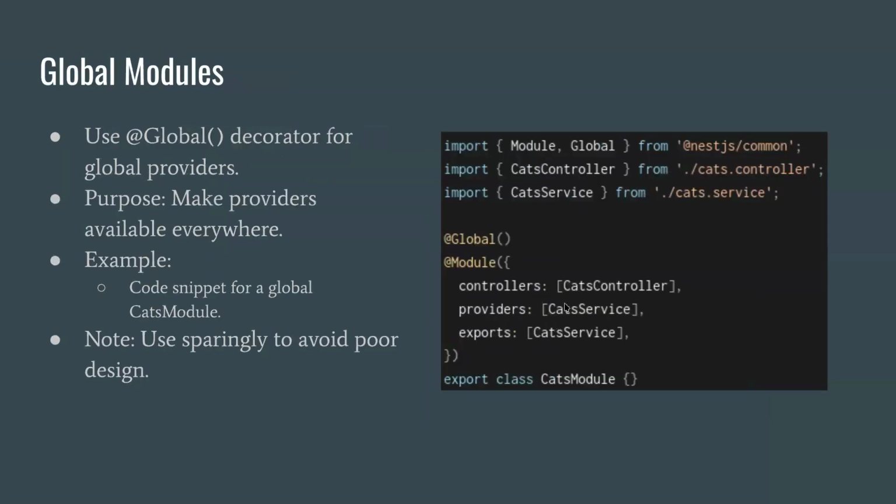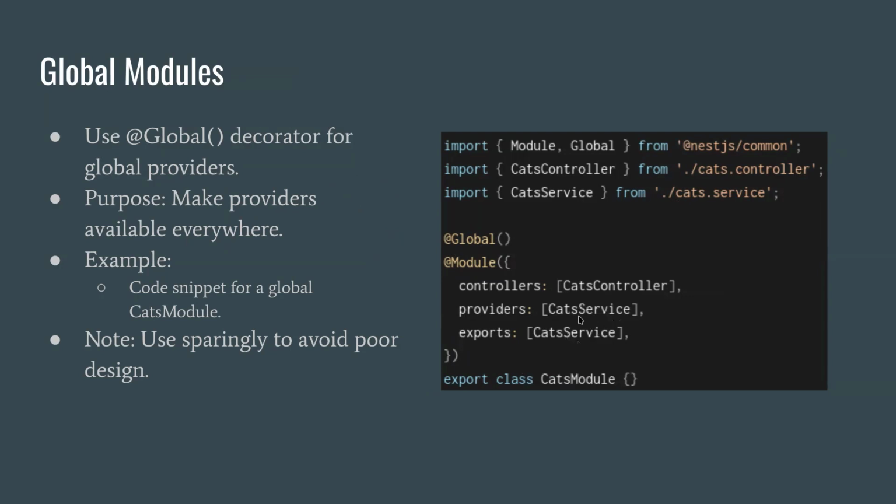Global modules. When you have providers that need to be available globally throughout your application, you can use the Global decorator. If you look at this example, we have the Global decorator here. This Global decorator makes the CatsModule globally available.